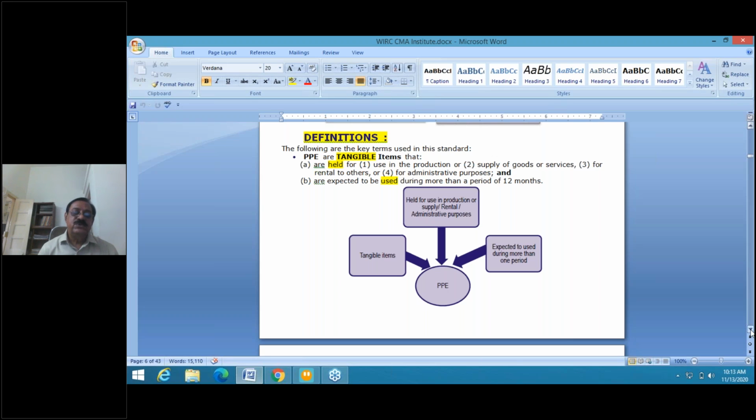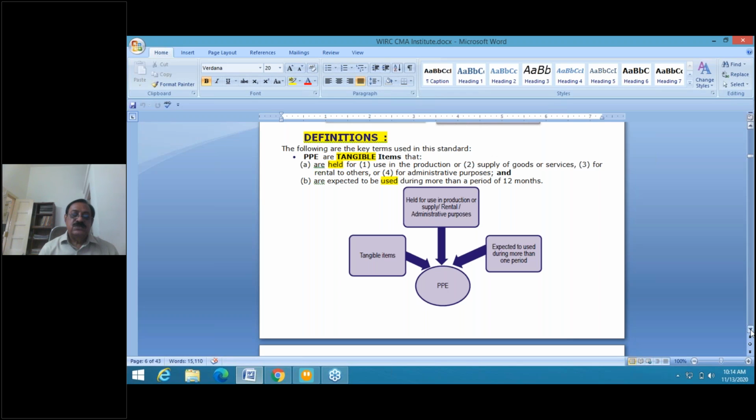Like in the first case, use in production, I can say by way of illustration, plant and machinery. For supplying services or goods, I can say motor vehicles. They come under this definition. Just illustration. Third, for rental to others. And fourth, for administrative purposes, like office building. So this is considered under this case because it is used for office purposes.